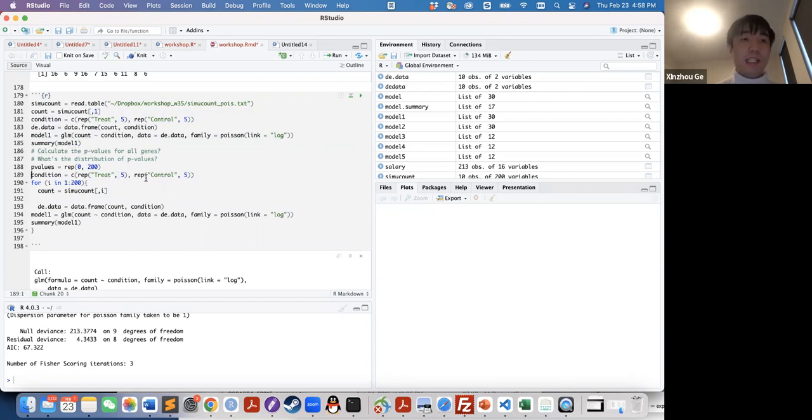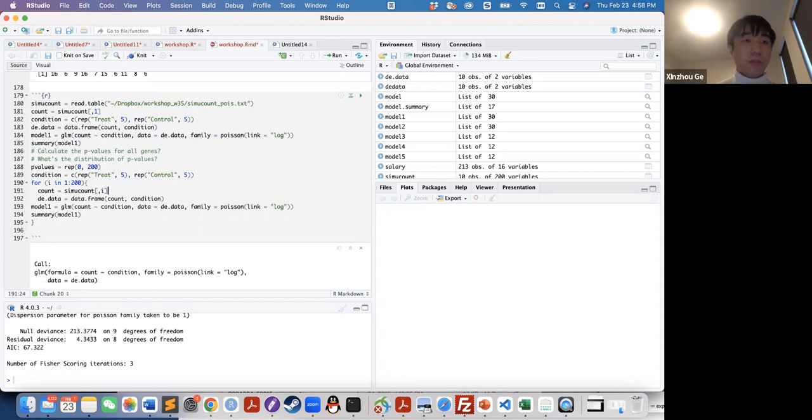As it is the same for all the genes, we can put it outside of the iteration. And then we can generate a data frame combining the count and condition, and we can run a regression model, a GLM model, to do the Poisson regression, and then we can get the p-values.